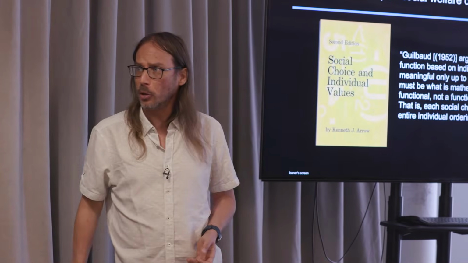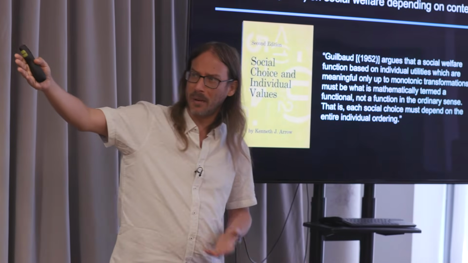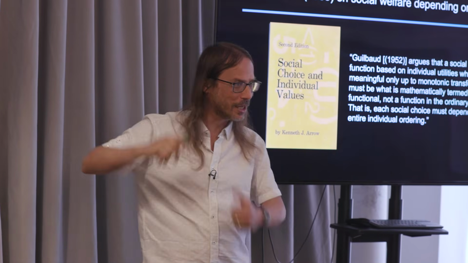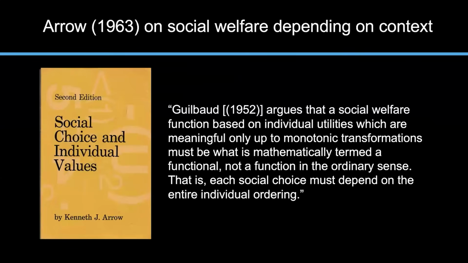This is the second edition of Arrow's influential book, and he tells us that Guilbaud, I'm not citing Guilbaud because Guilbaud is in French, so I'm telling you what Arrow said in English about Guilbaud. So Guilbaud argues that a social welfare function based on individual utilities which are meaningful only up to monotonic transformations must be what is mathematically termed a functional, not a function in the ordinary sense.